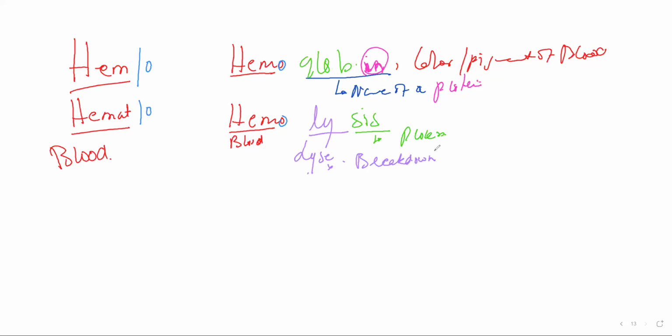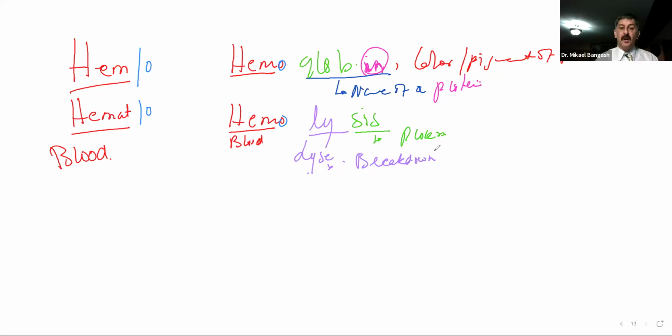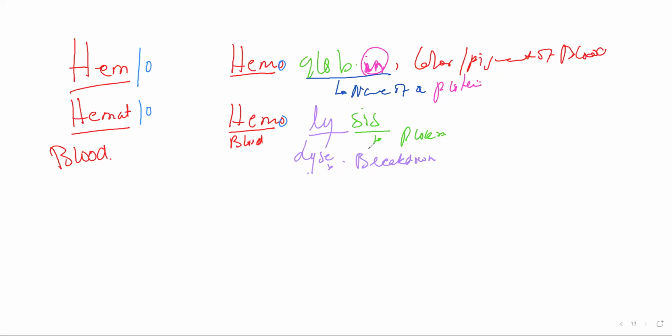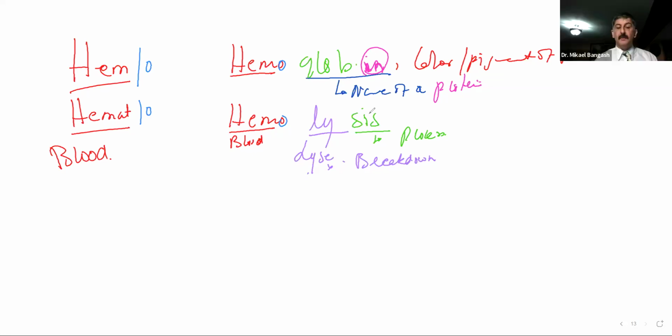I'm sorry, Professor, what does the word ending in cis say? Cis means process. Anything that ends with cis is going to be a process. Thank you. So that's a process that we call hemolysis.